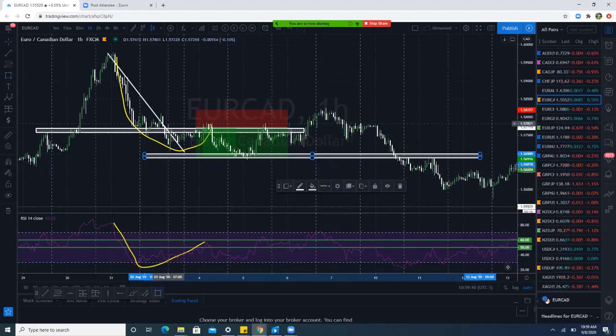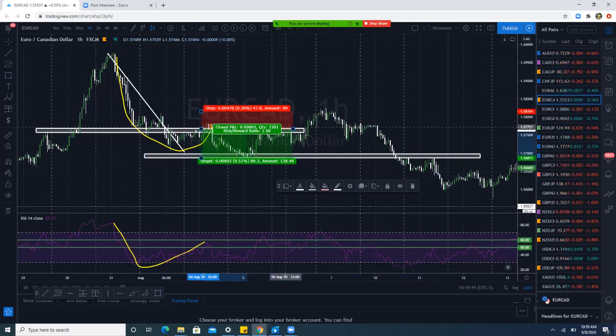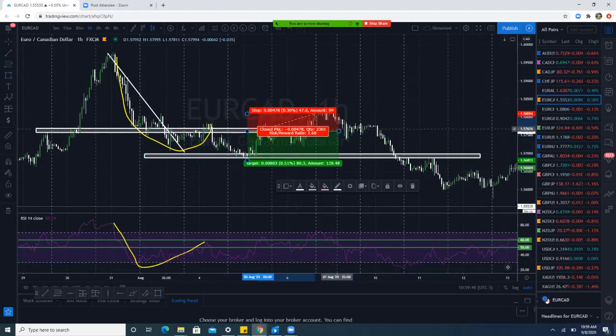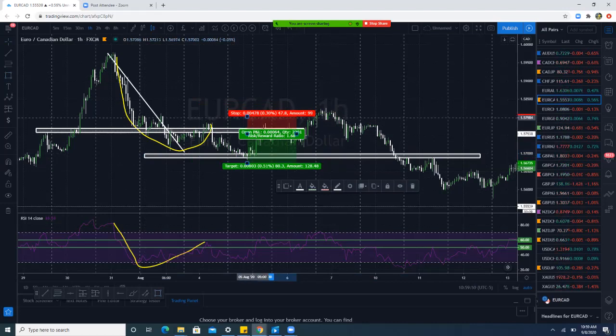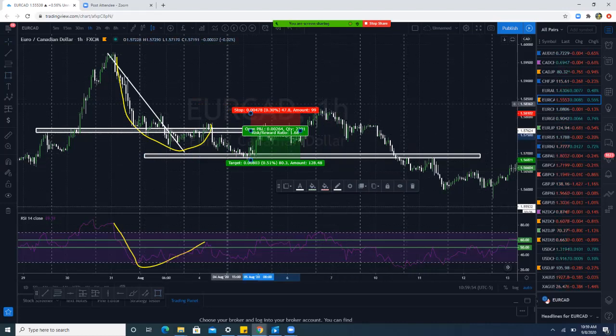If you don't do that, you would have placed the trade here again. So you would have placed a trade there, and you potentially would have lost that trade or got out of it because this took 3 days to play out. So this is something you can do to protect yourself and know exactly where to get in and out of the markets.